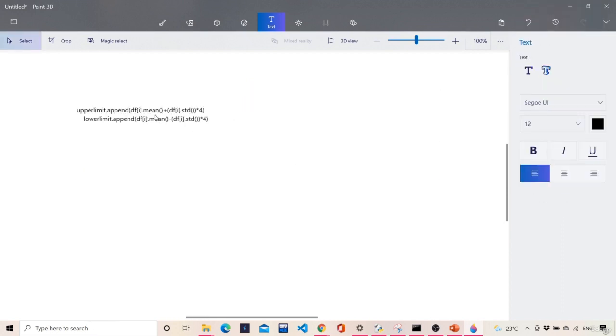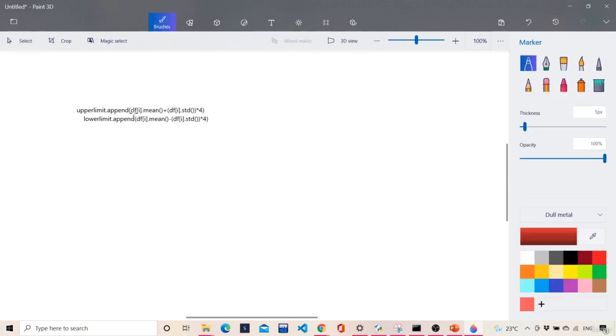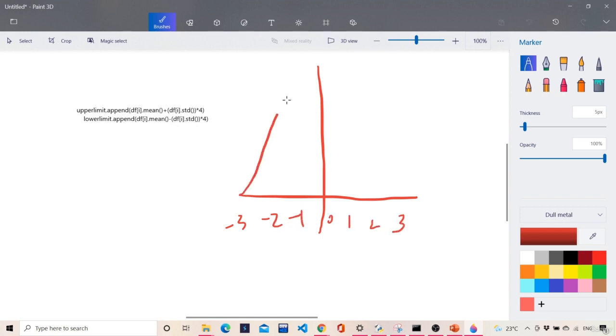Basically upper_limit.append(df[i].mean() + df[i].std() times 4). As I said, in Gaussian distribution we have the limits from -3, -2, -1, and this is 0. Here we have 1, 2 and 3, and the bell curve will be like this, and this is a perfect Gaussian.